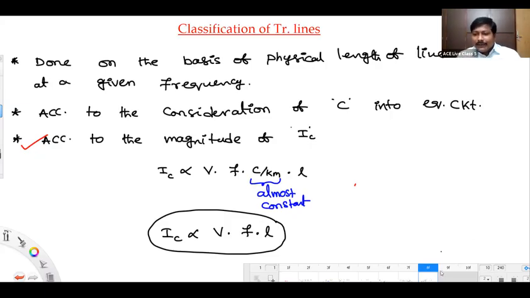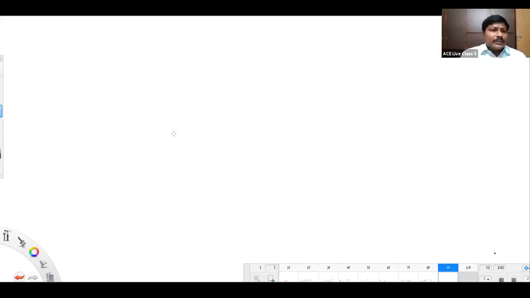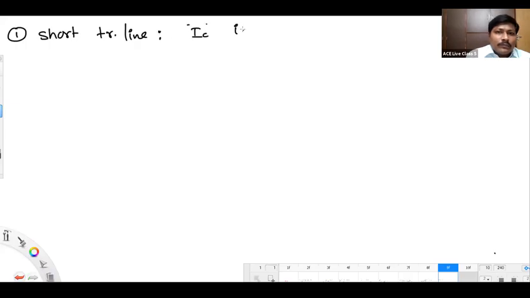In the classification of lines, first one I am saying short transmission line. You can call it as charging current is negligibly small. IC is negligible. Second one, medium transmission line.